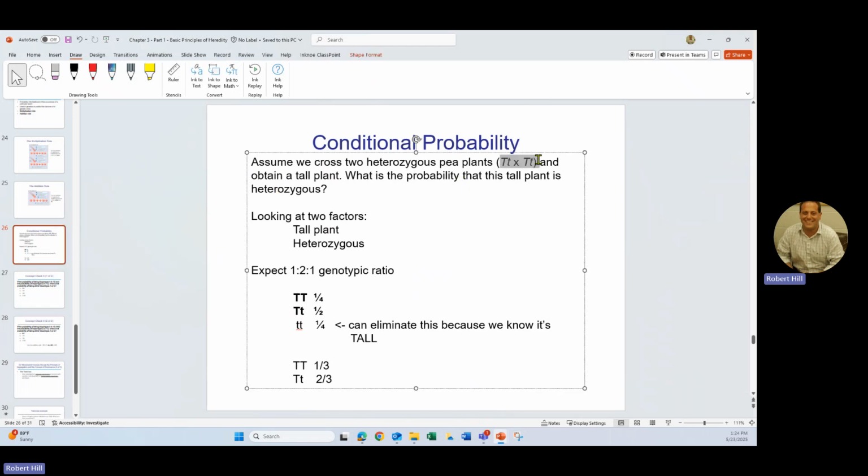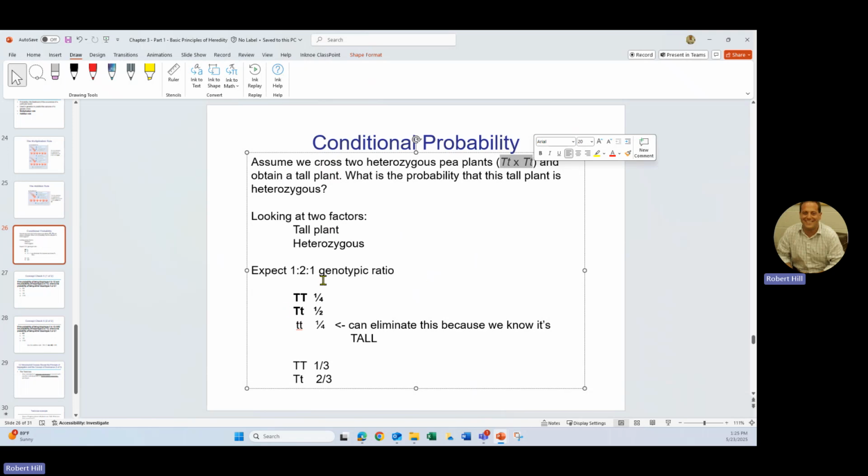So this is a typical Mendelian monohybrid cross. This is like what you do with the F1 generation to generate the F2. So we know that the F2 generation is going to have a 3-to-1 phenotypic ratio: 75% or 3 out of 4 are going to be tall, 25% or 1 out of 4 are going to be short. And it's got a 1-to-2-to-1 genotypic ratio.